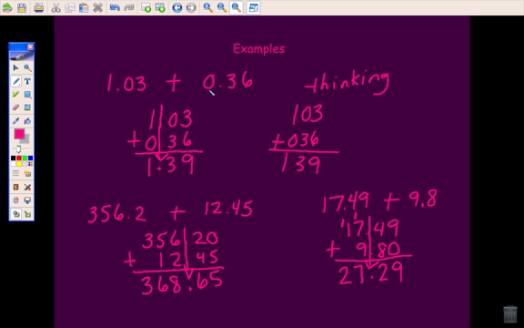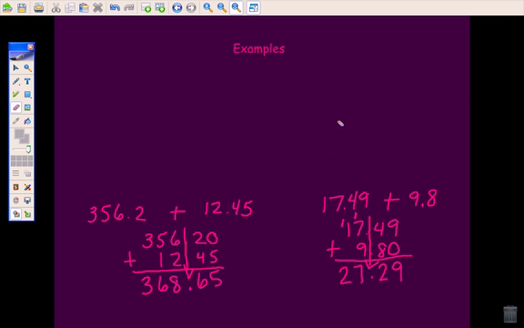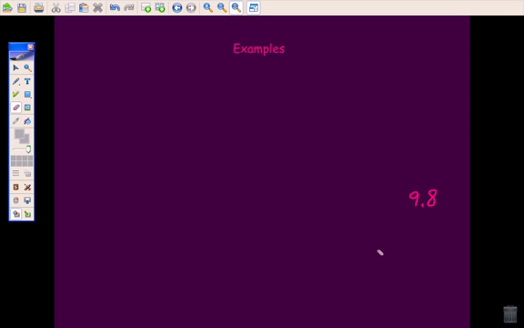We are going to practice something that you're going to see sometime with decimals. So I'm going to go ahead and erase this so I have some room. Still trying to do this on your student side. You want to make sure you don't write so big that you can't have room to do all these examples. What if I'm adding, say I have $2.10 and Mom gives me $5.